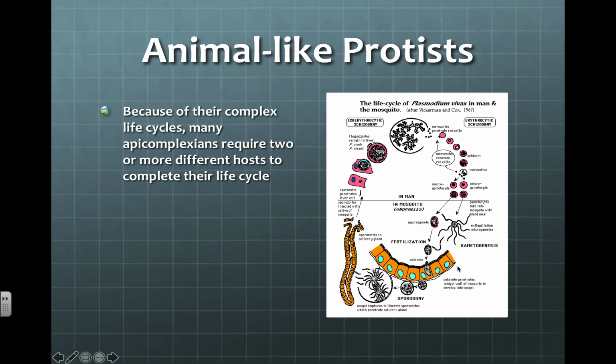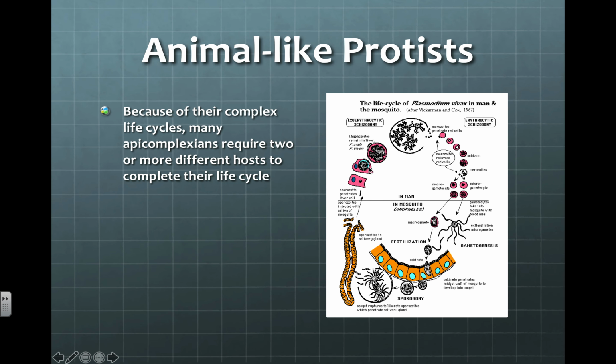I'm not going to put this on your test or ask you about this portion down here, but you do need to know that when it injects here, the sporozoite is in the sporozoite form because it does have that hard covering, and it penetrates the liver cell.